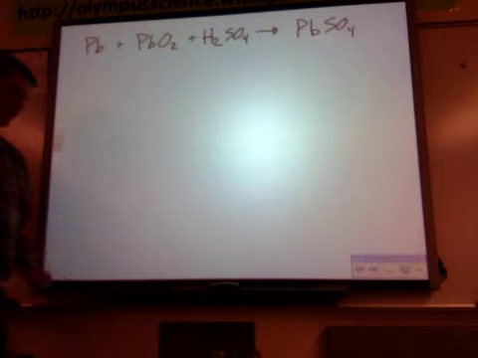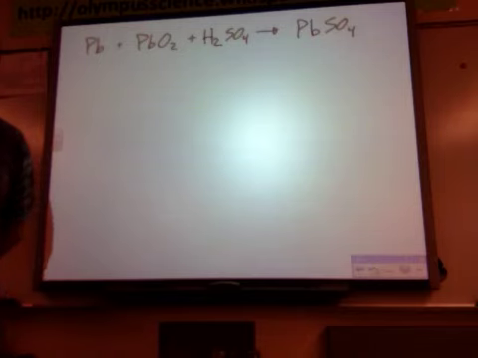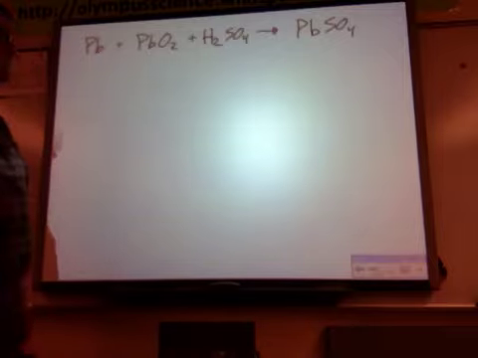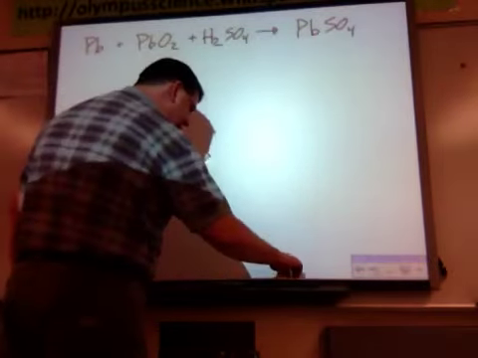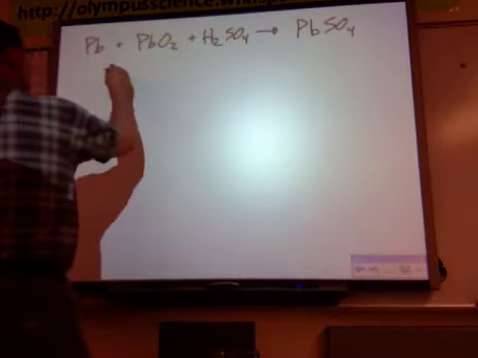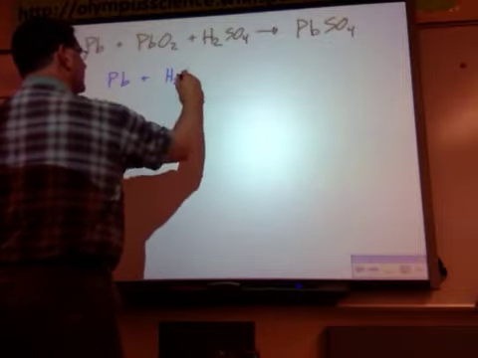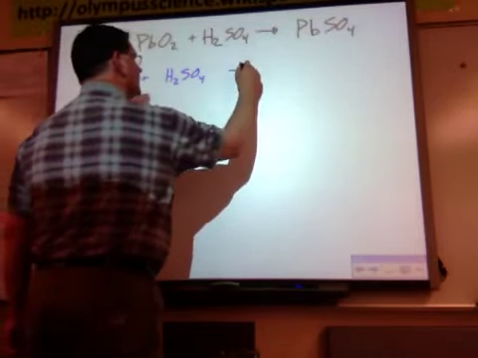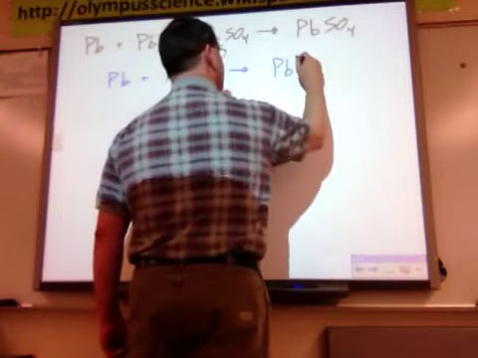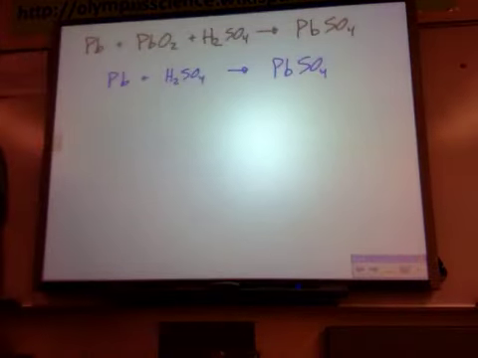Okay? Now, when we are faced with a redox situation, what is the easiest way to approach it? Half reactions. 2 half reactions. Okay? So, 1 half reaction would look like this. That's 1 half reaction.